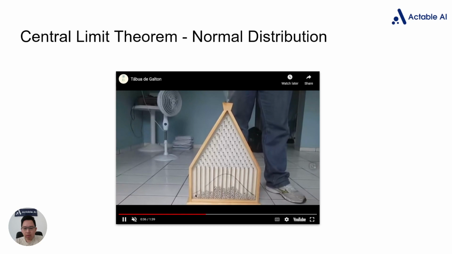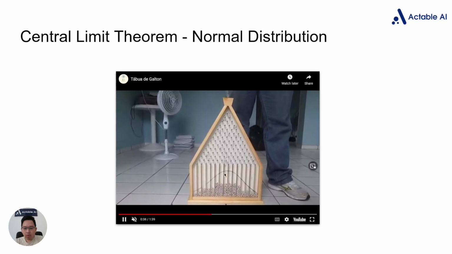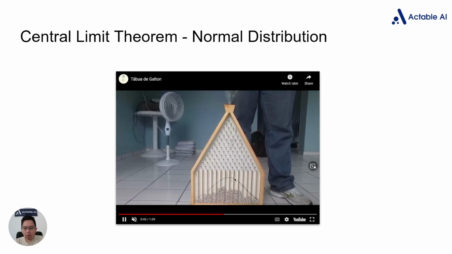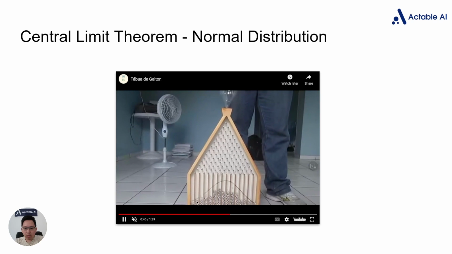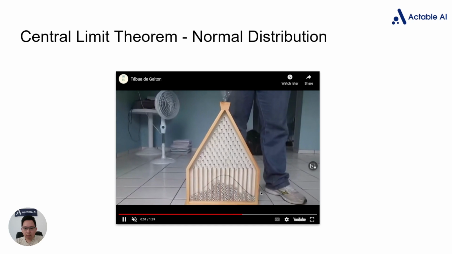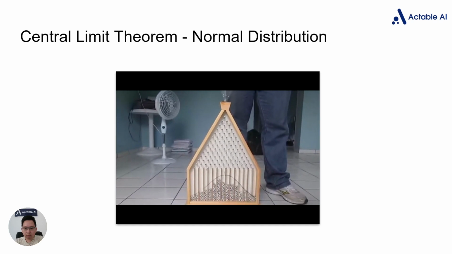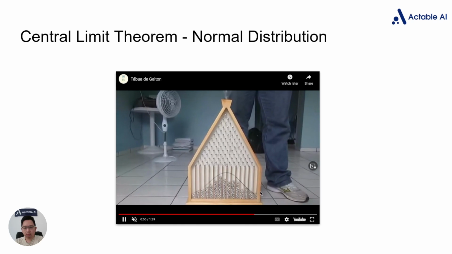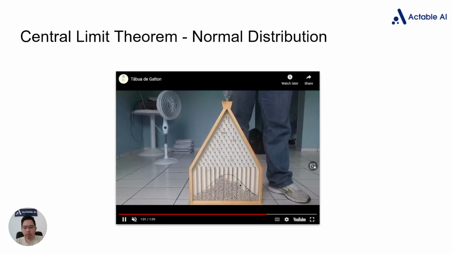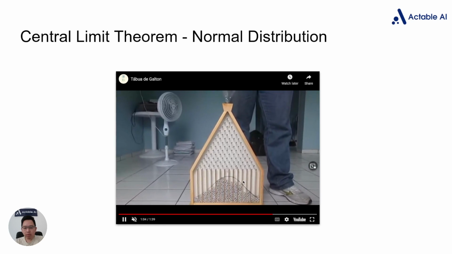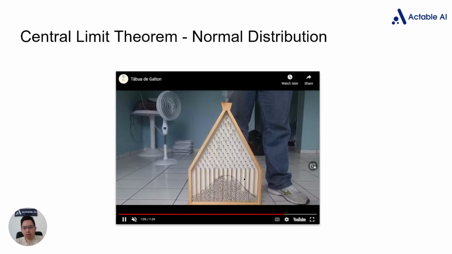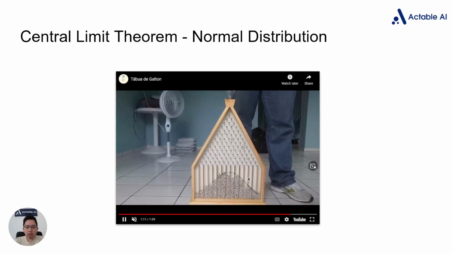When there are enough balls dropped into this machine, we see that there are more balls in the center than on both the left and the right hand side. As you can see, the balls are building up to be in this shape. So that is a normal distribution.